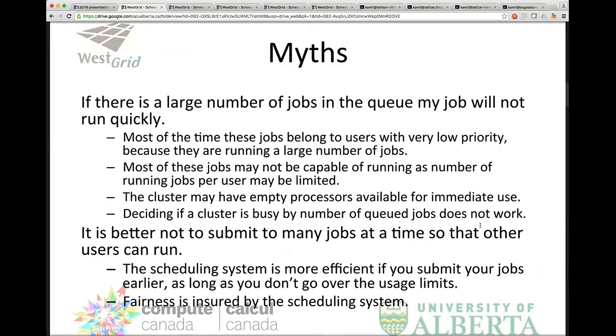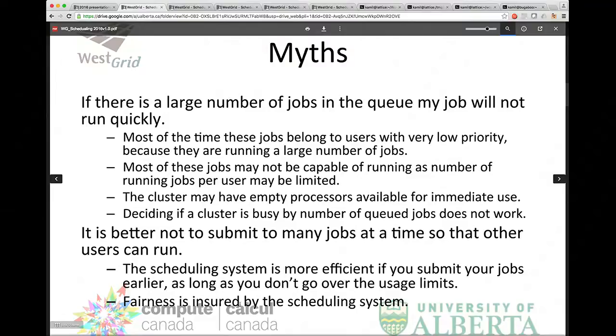So if you ask for a horrendously large number of jobs, that may be problematic. But you can ask for literally multiple thousand jobs, and you will still be fine. You'll be under the limits. And when you do ask for a large number of jobs, it allows the scheduling system to make plans into the future. It allows it to become more efficient.